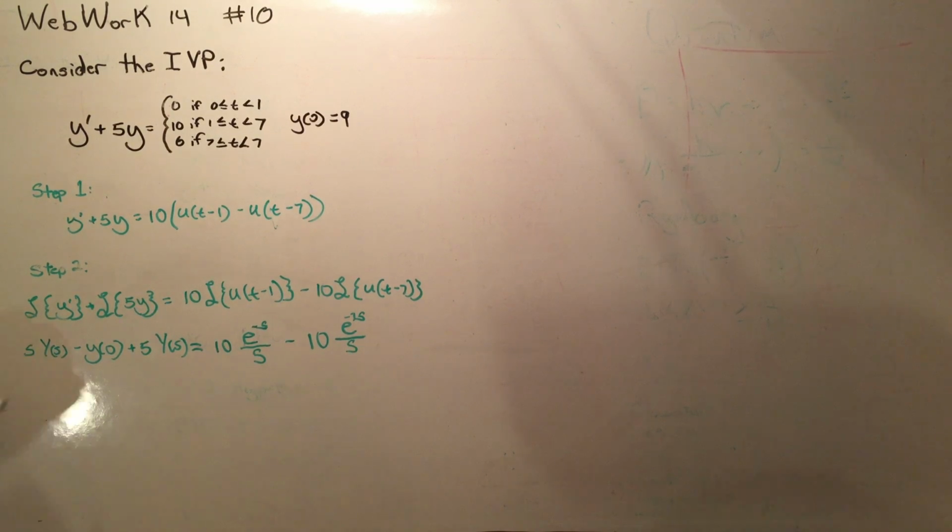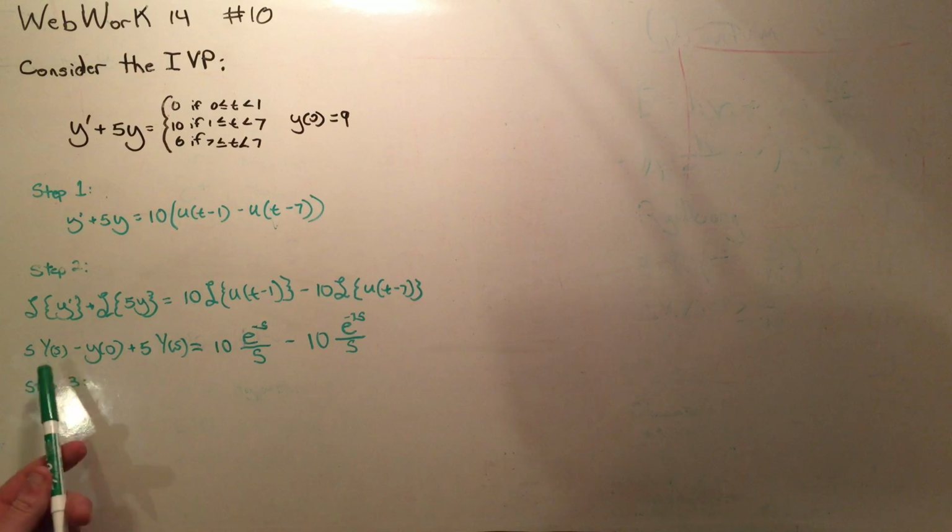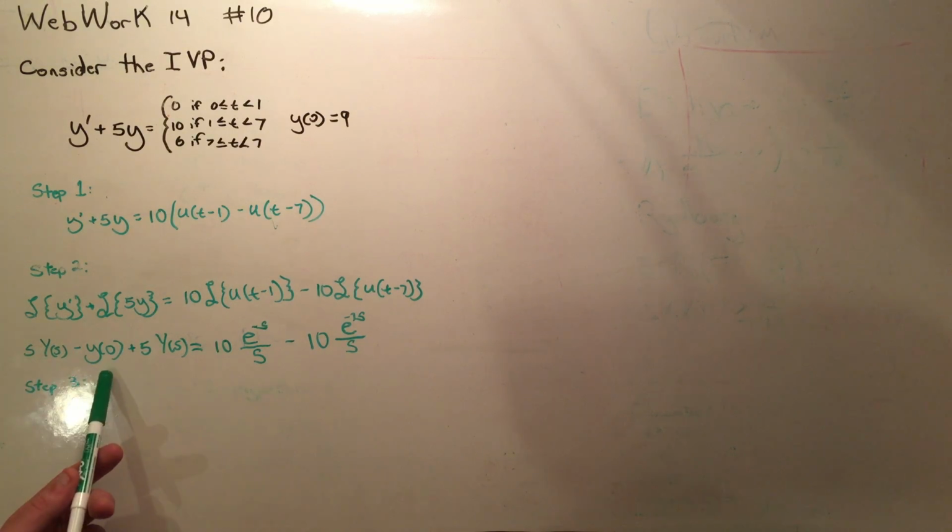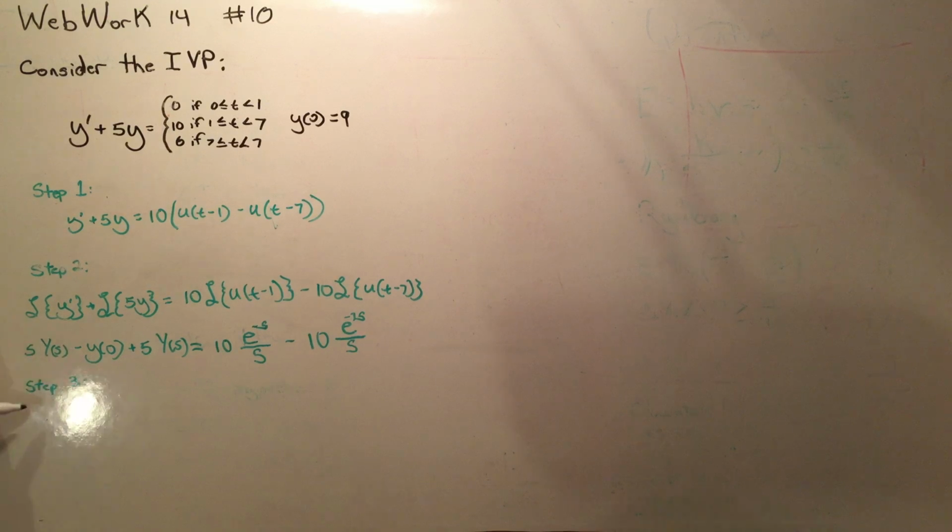Alright, so step 3. We're going to go ahead and solve for Y of s, and we're also going to plug in 9 for y of 0 in order to do it. I'll plug in 9, and I'm also going to pull the Y of s out.